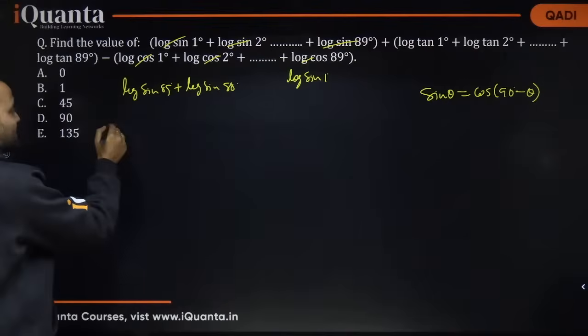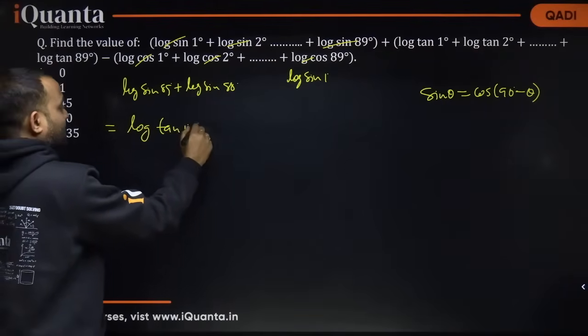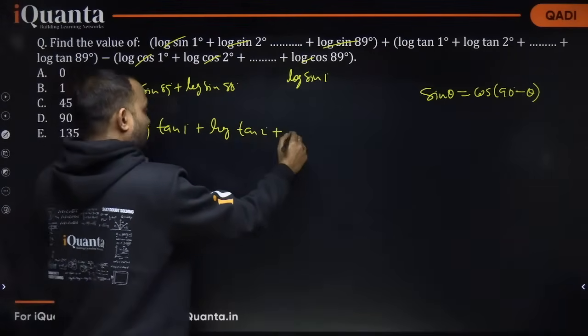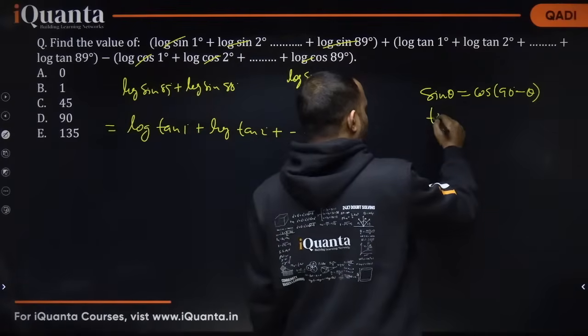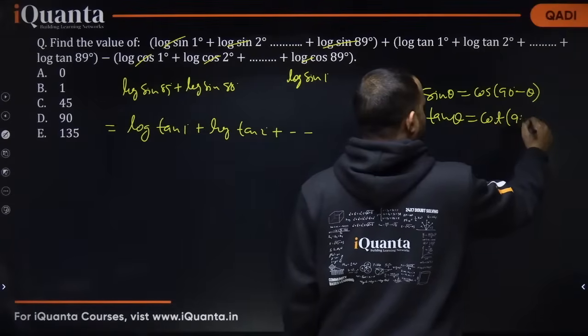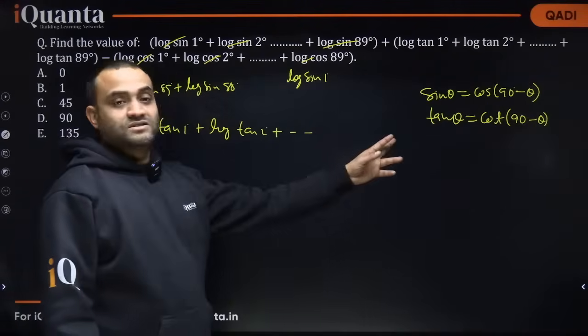So the sum that we are looking for is log tan 1 degree plus log tan 2 degrees and so on. Now one thing is also important here, that tan theta is equal to cot 90 minus theta, right? This is also true.